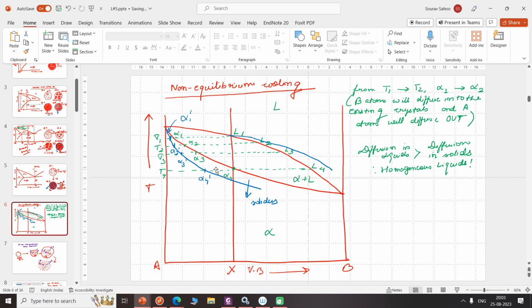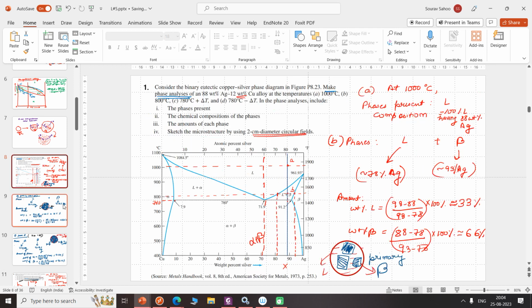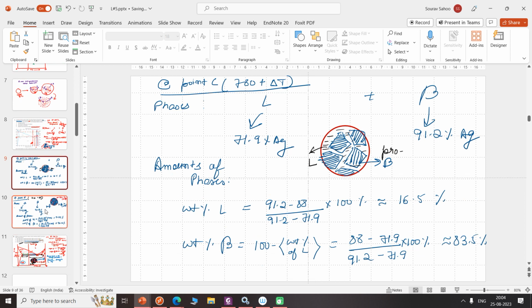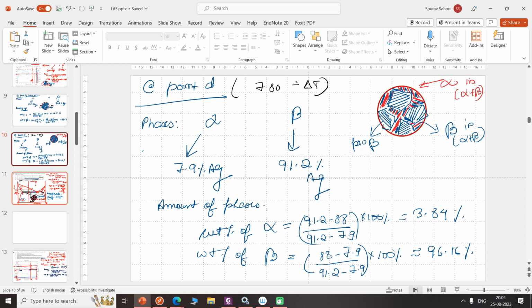That's the reason we have a shift in the solidus and liquidus lines. And then we went about solving a few numericals that require knowledge of phase formation. Specifically, we saw questions relating to the calculation of pro-eutectic alpha and the hypo-eutectic and hyper-eutectic regions.